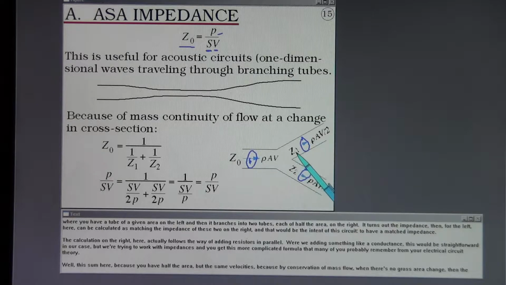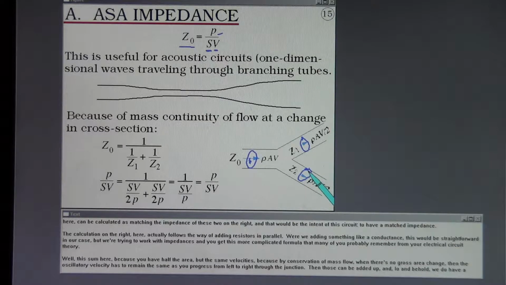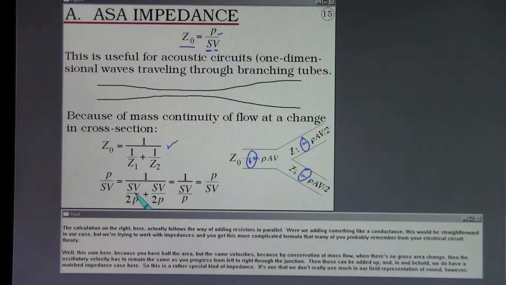The calculation on the right here actually follows the way of adding resistors in parallel. Were we adding something like a conductance, this would be straightforward, but we're trying to work with impedances, and you get this more complicated formula that many of you probably remember from your electrical circuit theory.